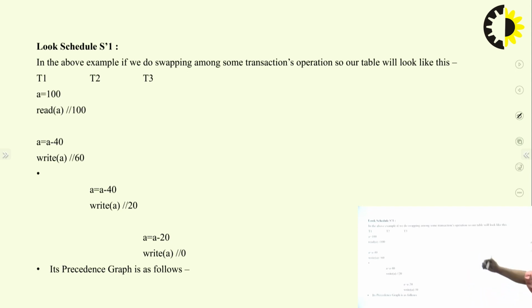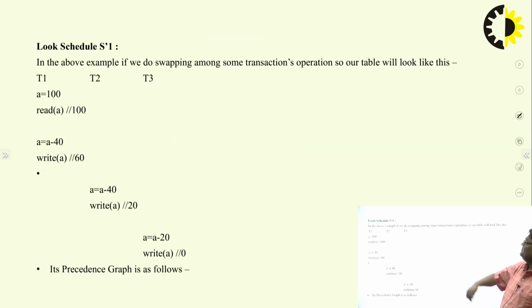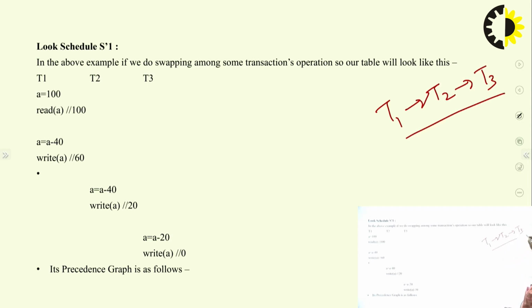So, we have another transaction. If we do swapping among some transaction operations, our table will look like this: T1, T2 and T3. We follow T1, T2, T3. This is a serial schedule.